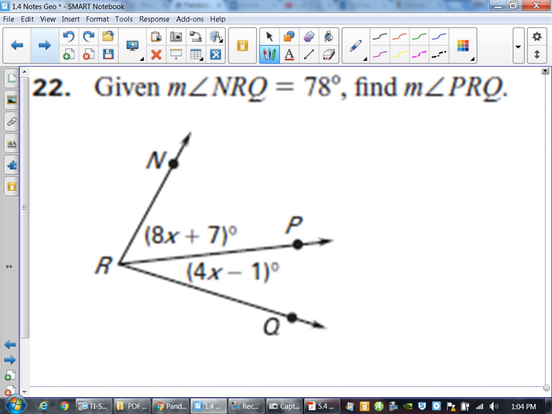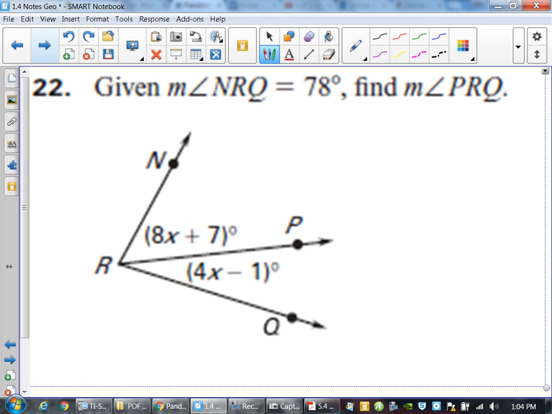So just like you were asking, this is exactly the same thing as if the segments were, if this much was 8x plus 7, and this is 4x minus 1, and the whole thing is 78, it's the exact same problem.